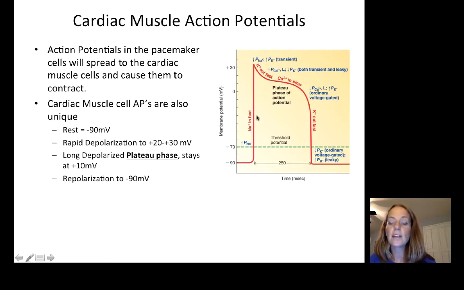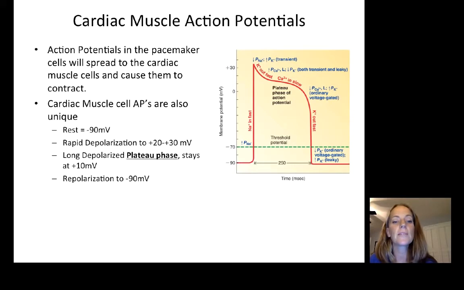So now let's look at the action potential in cardiac muscle, and this also has a unique shape and a different pattern of ion flow. So the action potentials in the pacemaker cells, like the SA node, are going to spread to the cardiac muscle cells and cause them to contract, just like a neuron causes a muscle at a neuromuscular junction to contract.